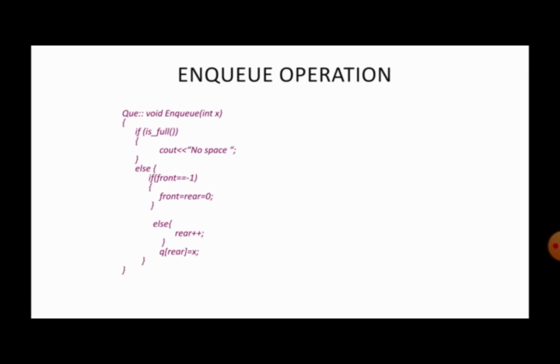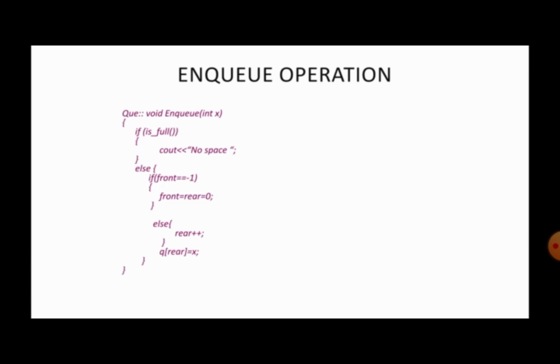So if the front is at -1, we will simply change both front and rear, as both had the value -1. The first value we have entered in the queue is again first and last.